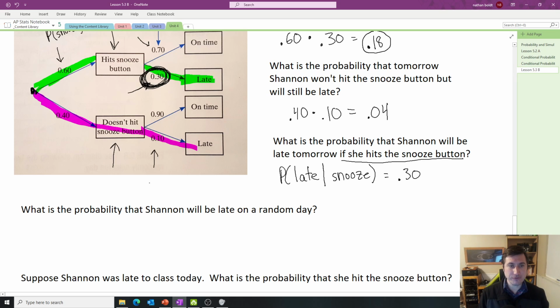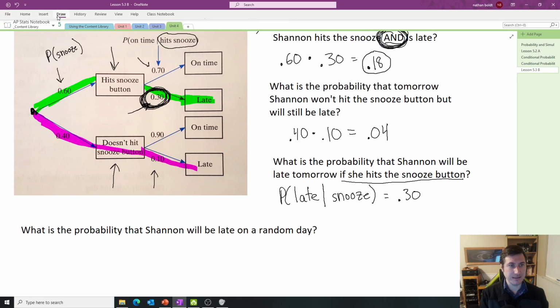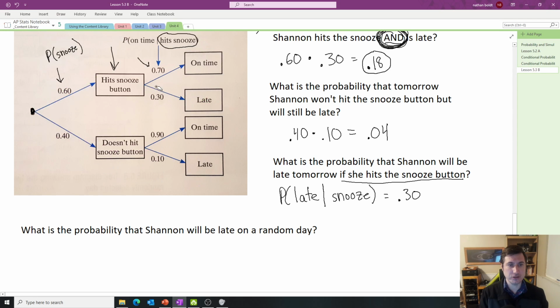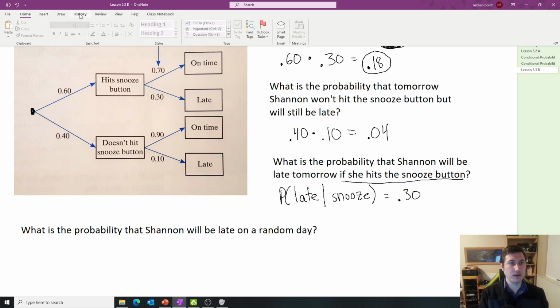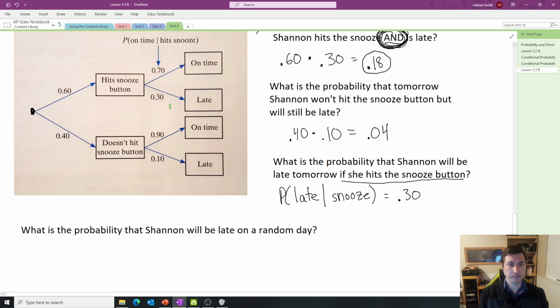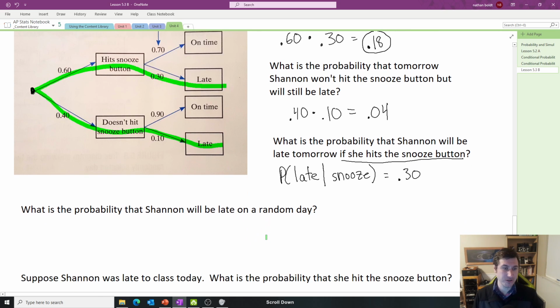Well, we have to figure out the different ways that it could happen. What are the different ways that she could be late? One way is if she hits the snooze button and is still late. The other way is if she doesn't hit the snooze button and still becomes late. So there's two ways this could happen.